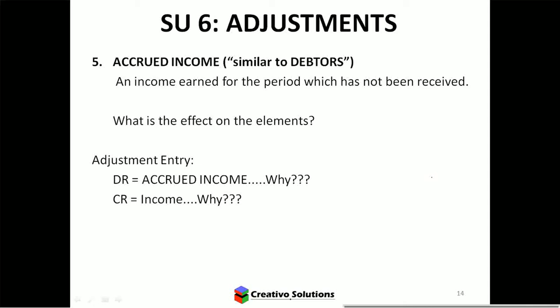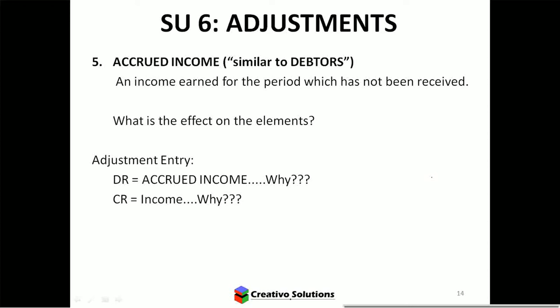Okay, if I'm creating an asset, what account am I going to affect? No, you wrote asset there for income. That's incorrect. Yeah, I saw that. That's why I'm writing it here. Okay, fine. What is the effect on the business? Will I increase or decrease my income? You will increase. Correct. I'm increasing income because am I entitled to more or less? To more. Correct. Okay, that's important.